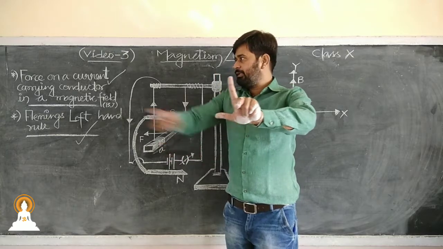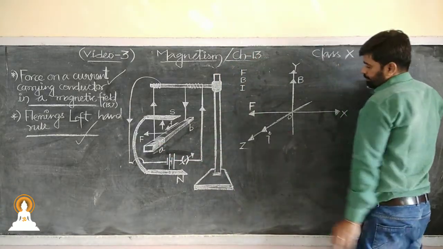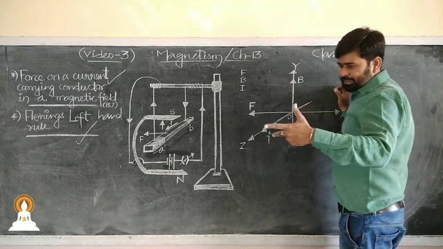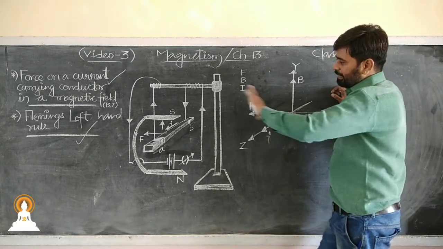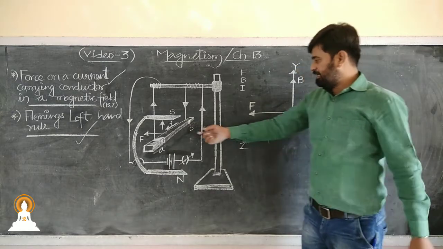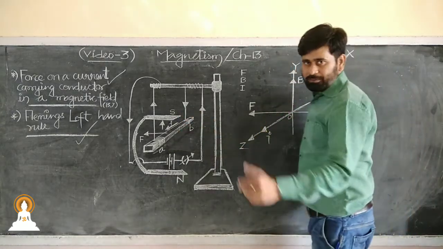So the force is like that. Sir Fleming had introduced such an arrangement by which we can say directly, without experiment, in which direction the force will be exerted when the magnetic field and current are like this.